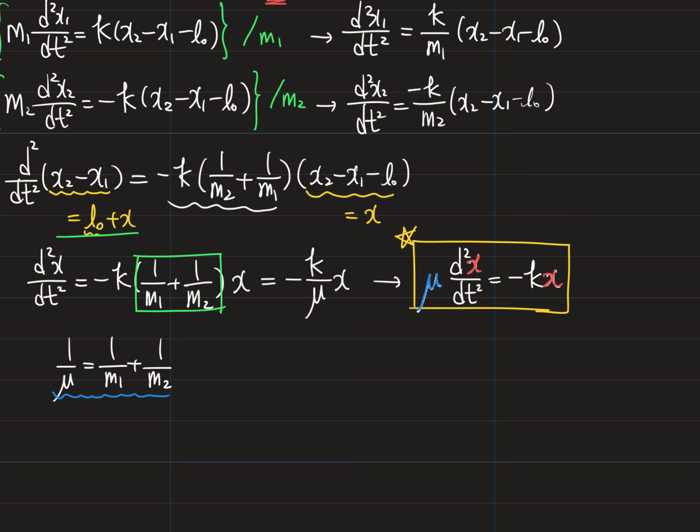So if we describe what we have done graphically, we have two bodies with finite mass, and by introducing the relative coordinate x and reduced mass mu, now we have some system like this.